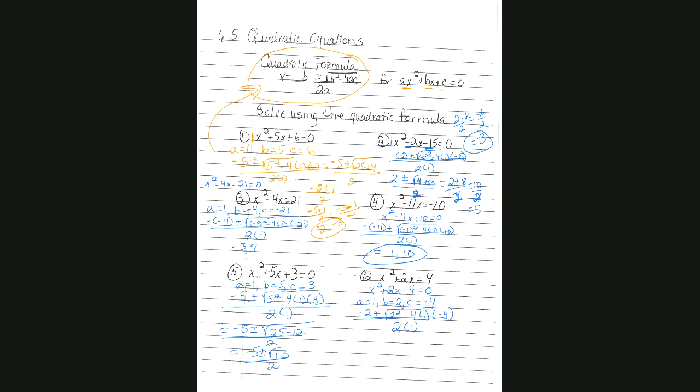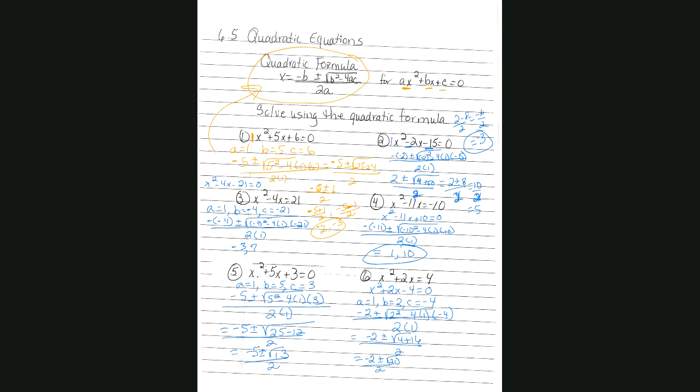So this gives you negative 2 plus or minus the square root of 4 plus 16 over 2. And by the way, you can put it in your calculator straight forward, and it'll do it for you. So this is negative 2 plus or minus the square root of 20 over 2.